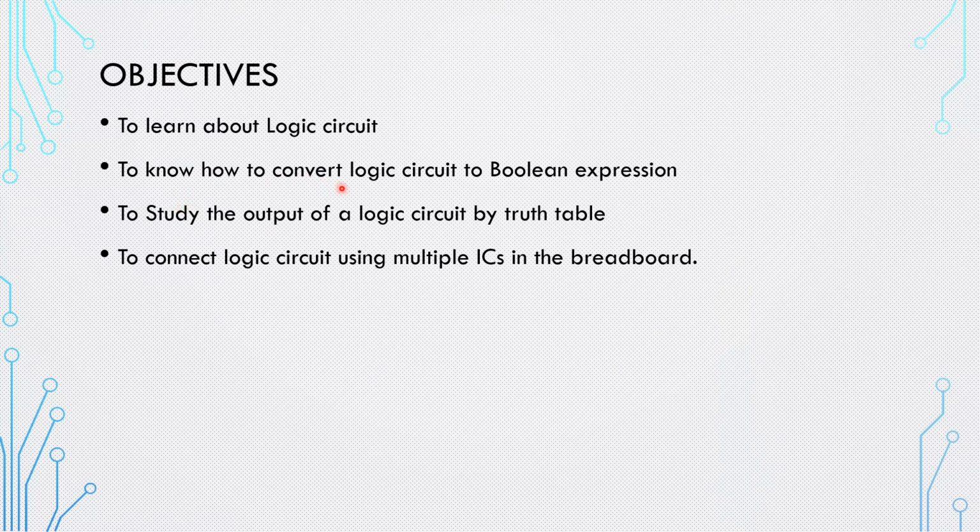Then we want to learn how to convert the logic circuit to a Boolean expression, so how to represent it as an equation based on the basic logic gates that we talked about last time. Then we want to study what happens to the output of a logic circuit by looking at the truth table, and we want to learn how to connect a logic circuit using multiple ICs on a breadboard.